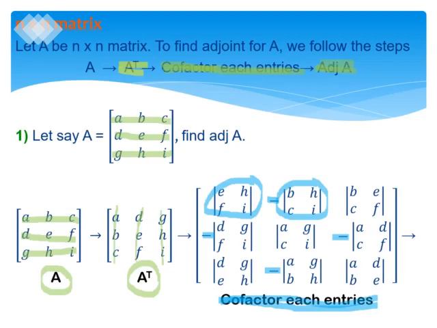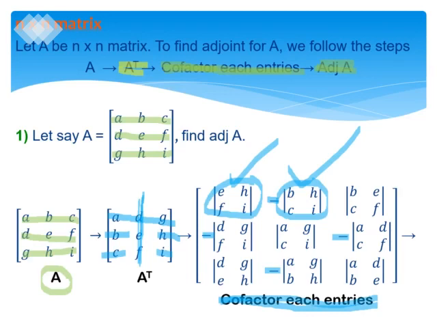For A11, we just remove the row and column of A. So you will get E, H, F, I. For A12, we just remove the column and row of D. So you will get B, H, C, I. And so on for each entry. So for 3 times 3, you have to get 9 cofactors.